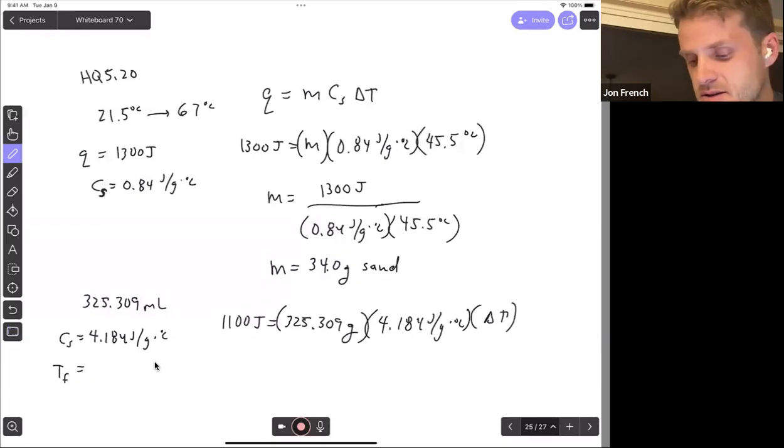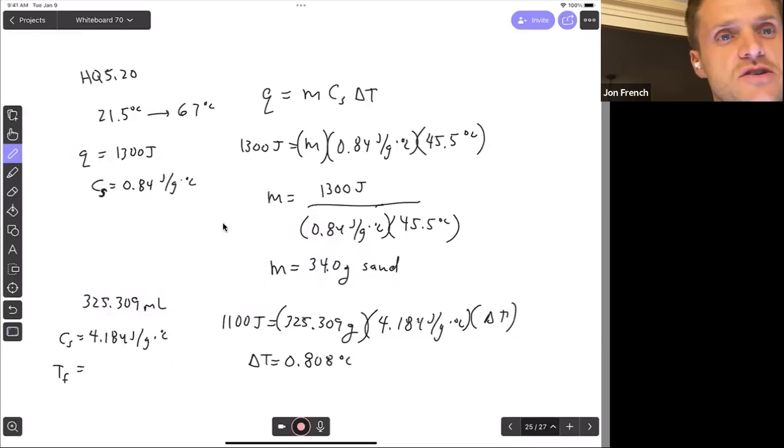So we divide that across, right? 1100 divided by 325.309 times 4.184. And yeah, I get a really small delta T of 0.808 degrees Celsius.